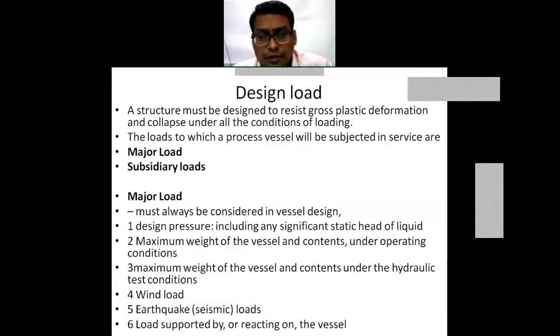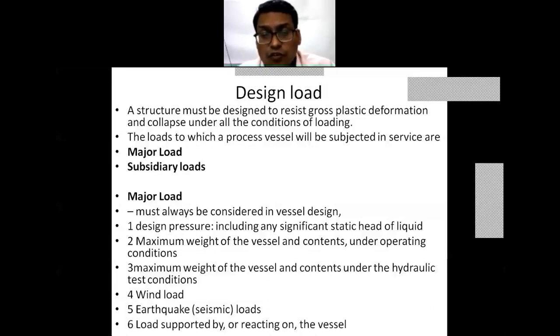So first is your design pressure, the internal pressure, including any significant static head of the liquid. Then second is the maximum weight of the vessel and the contents under the operating conditions: the weight of the vessel itself plus whatever contents you will be using under the operating conditions.